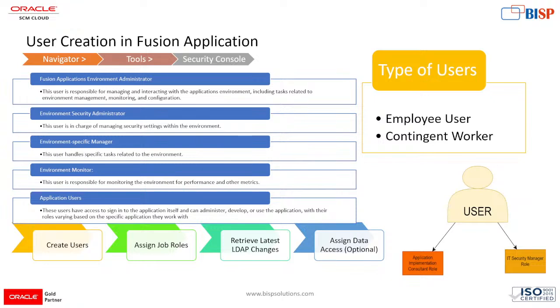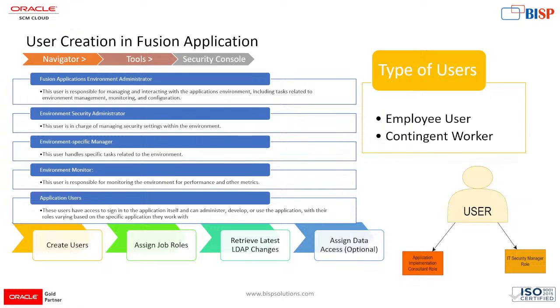Then there is the environment specific manager. This user handles the specific tasks related to the environment. Environment monitor. This user is responsible for monitoring the environment for performance and other metrics.